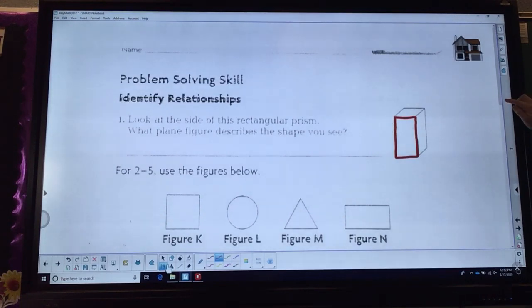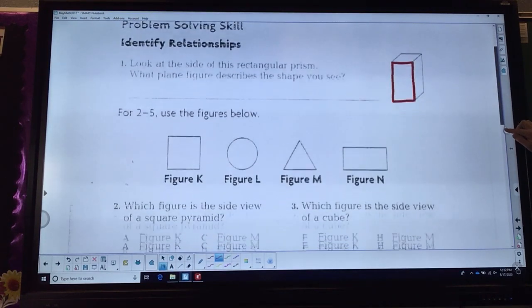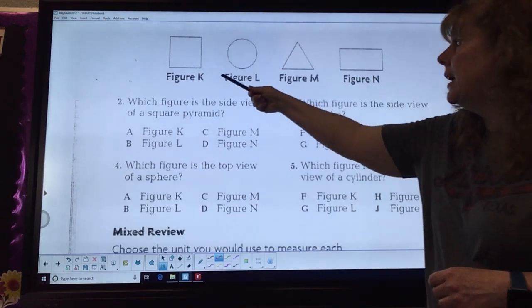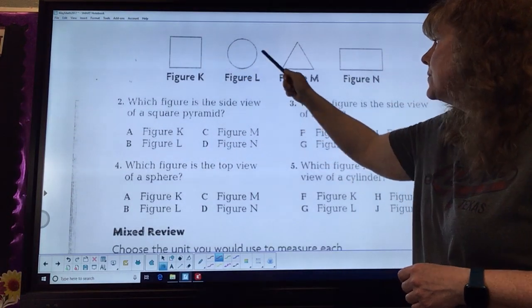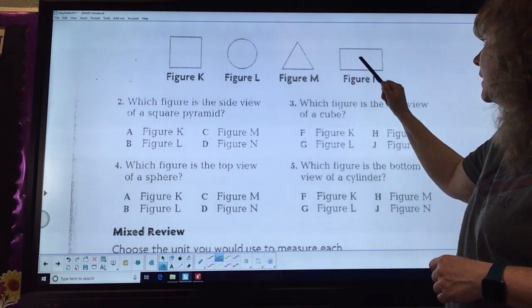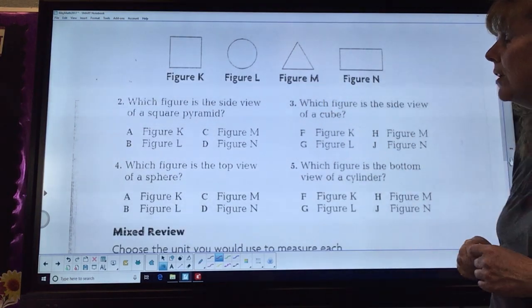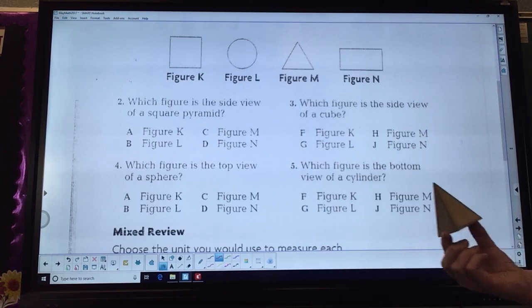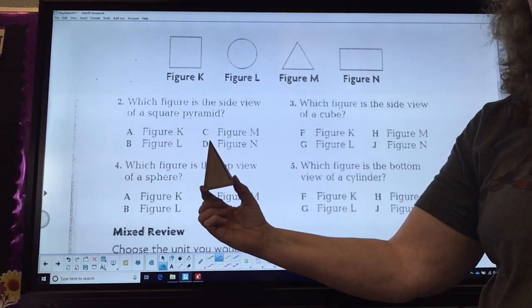Numbers 2 through 5 are like what we just did in the book. You've got figure K is a square, L is a circle, M is a triangle, figure N is your rectangle. It says which figure is the side view of a square pyramid. Here's your square pyramid.